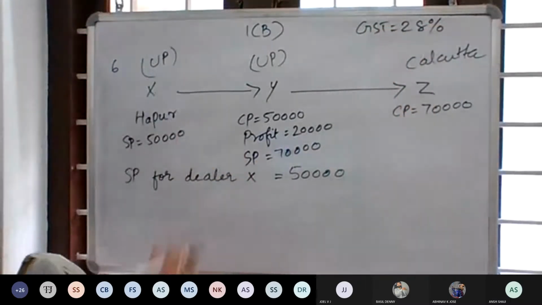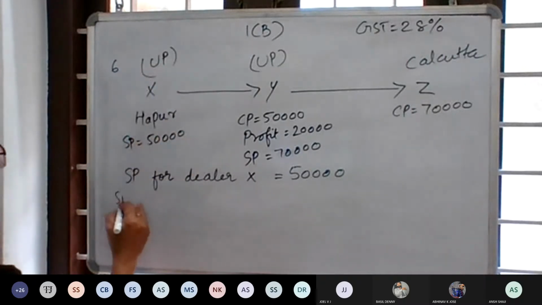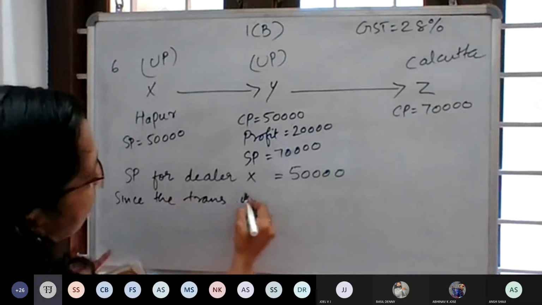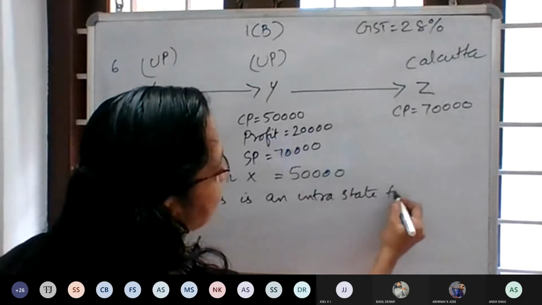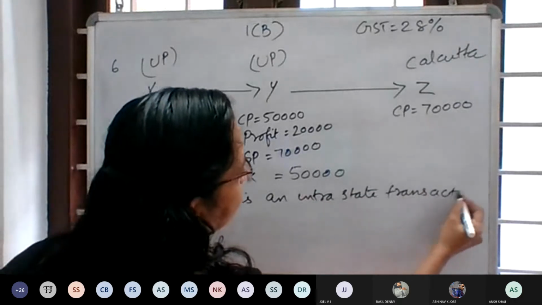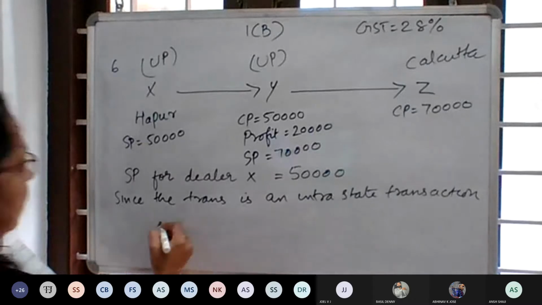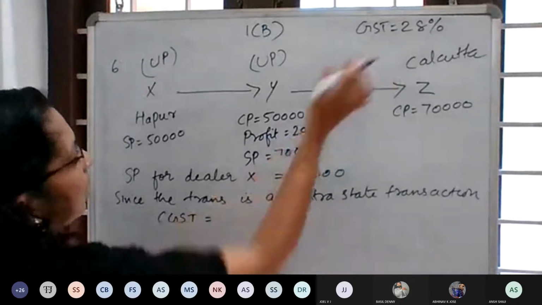So directly we can write which one? Since from UP to UP, since the transaction is intrastate, it is an intra-state transaction. What we can write? Since it is an intra-state transaction, SGST and CGST. Right now, GST is equal to 28%.